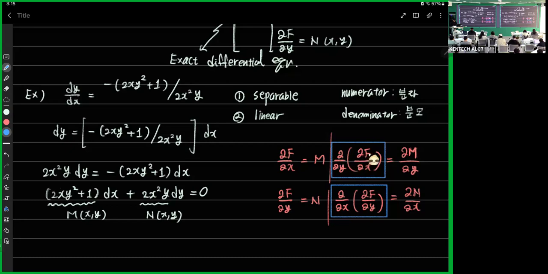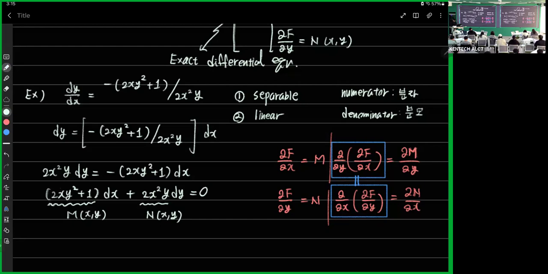Taking the derivative of f with respect to x first and then y must be equal to taking the derivative in reverse, y first and x second. It doesn't matter because f is continuous.